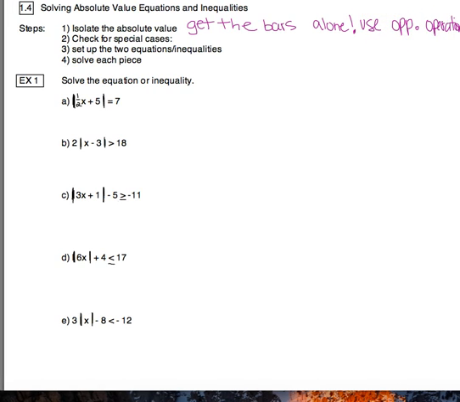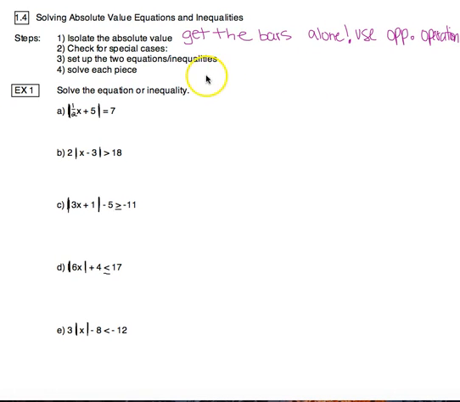Then we need to check for special cases. This would be where there's no solution. This happens when you have bars less than a negative, or the other special case is when the way that the quiz will word it is all values are solutions.